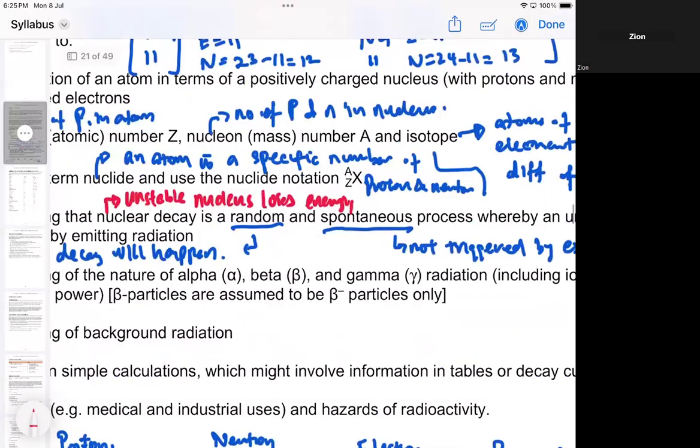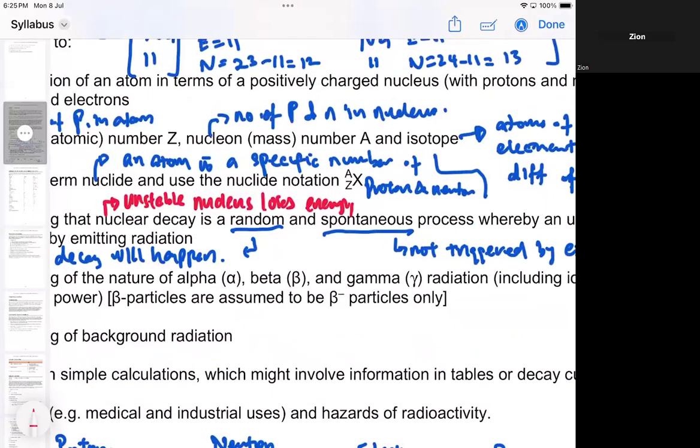It loses energy by losing either particles or gamma rays.